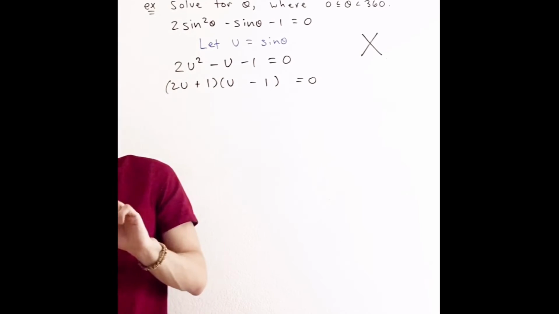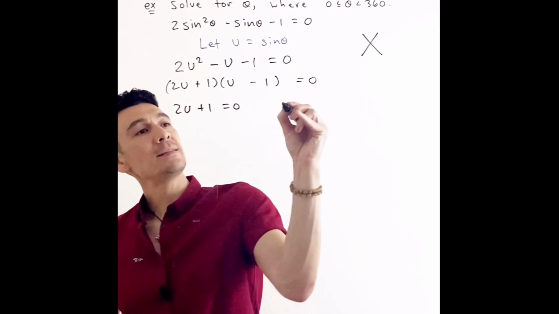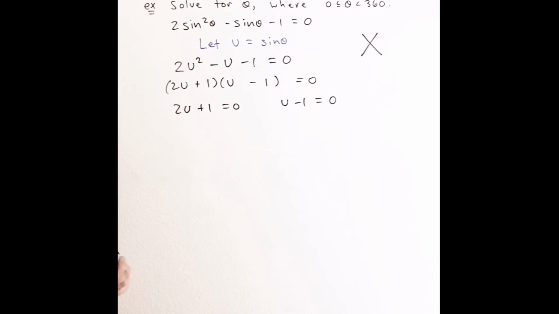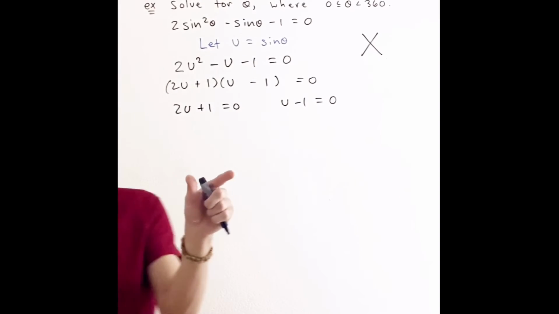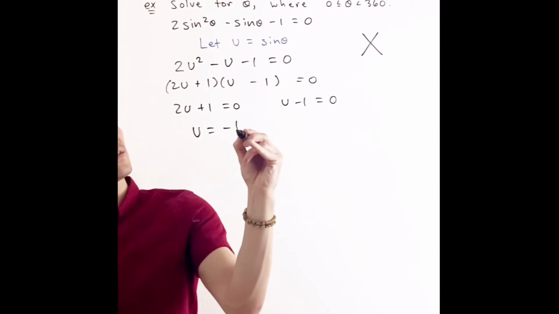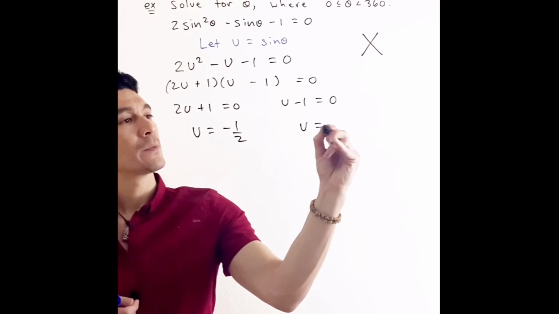Now that we've done factoring, let's go zero product property. Let the first piece equal 0. Let the other piece equal 0. Solve each of the 2 equations. This here, if you subtract 1 divided by 2, tells you that u is a negative half. Here, slide the 1 across, u equals 1.